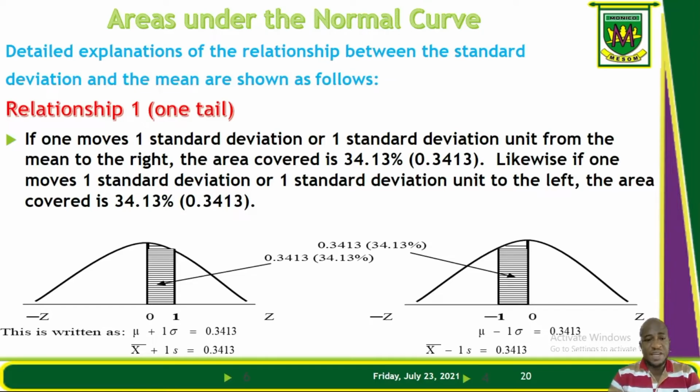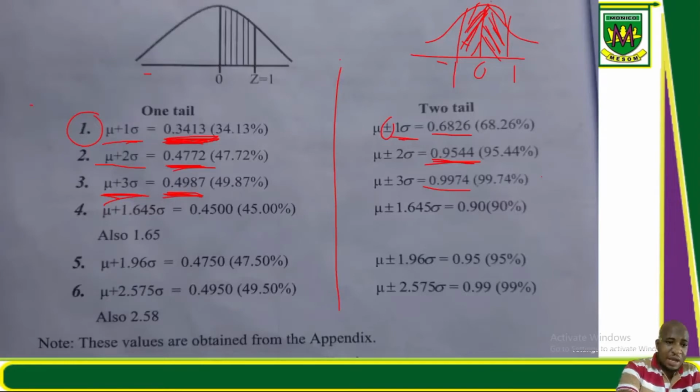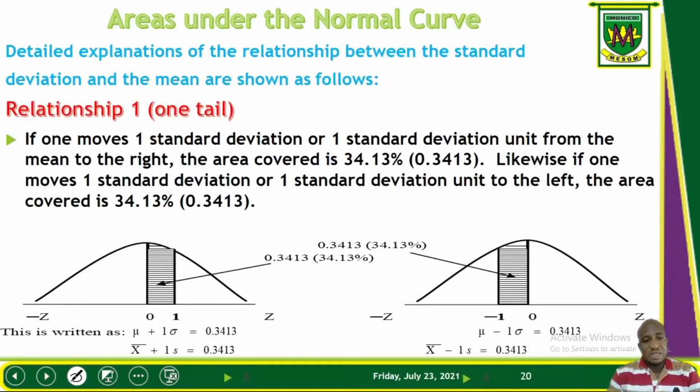Okay, let's start with the first relationship. The first relationship under one-tailed is if one moves one standard deviation, that is mean plus one standard deviation. So one moves one standard deviation unit from the mean to the right.